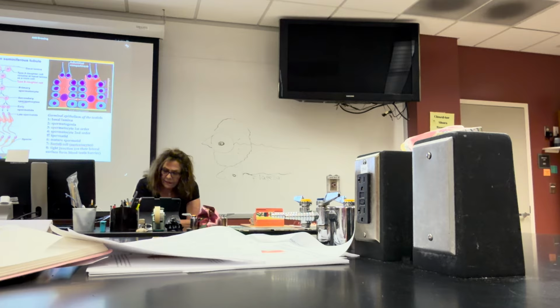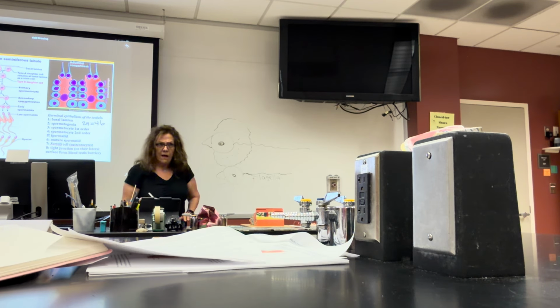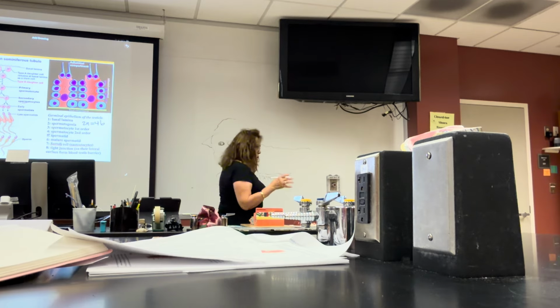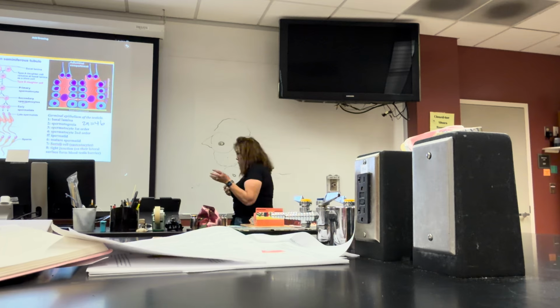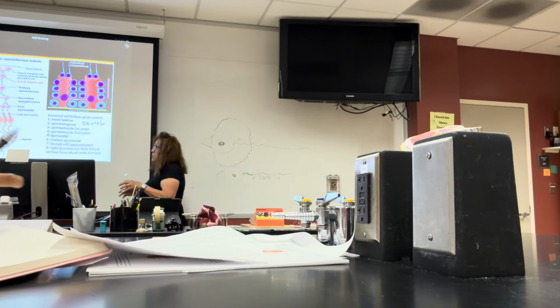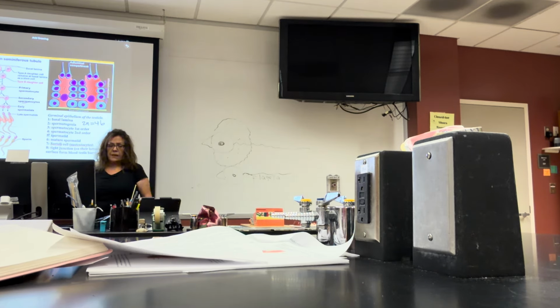So 2n equals 46. Now, you know that in order to make an embryo or fertilized egg, first you need the sperm to donate its chromosomes to the egg, okay?